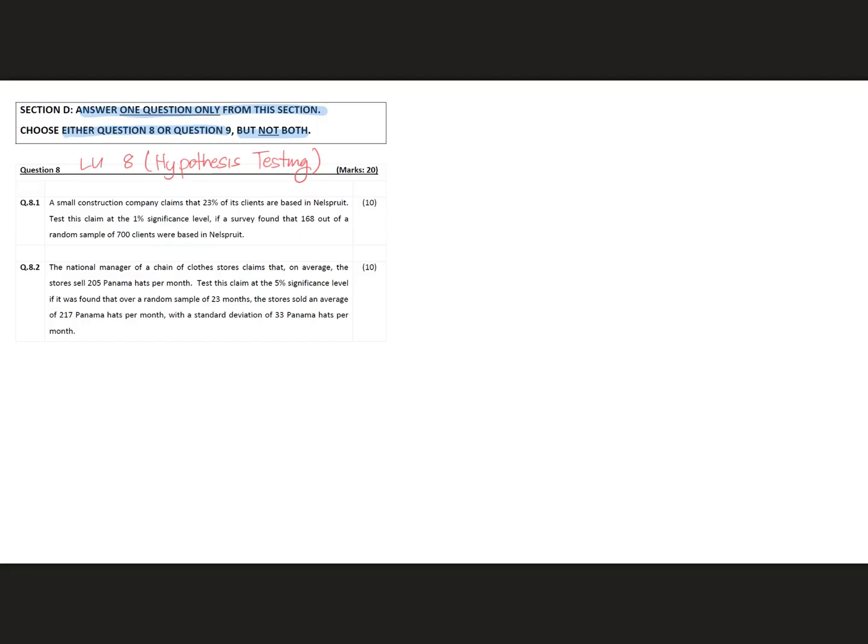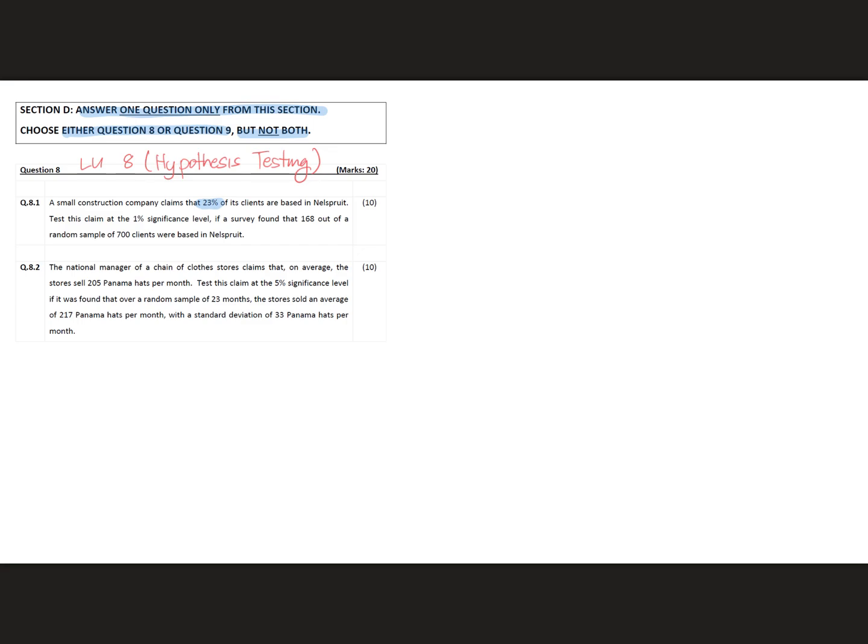The reason we say this is because they have given you a percentage in that statement. We are not working with a mean or an average because they didn't say anything about the average. They said that it is 23% of their clients that are based in Nelspruit. So immediately here, we know we're working with a proportion.